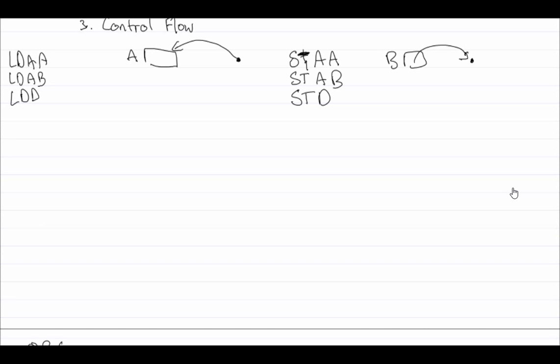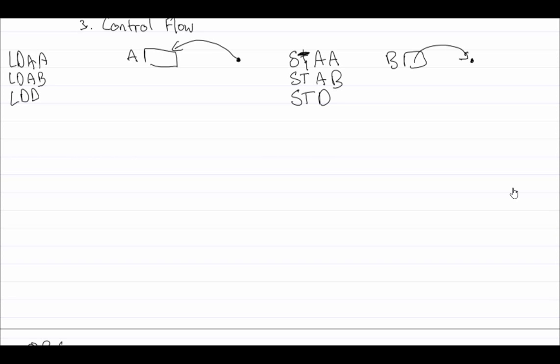The same thing here for load AB. You will move whatever is in memory into register B. And then finally there's load D, which moves memory into register D. Next is the store function.